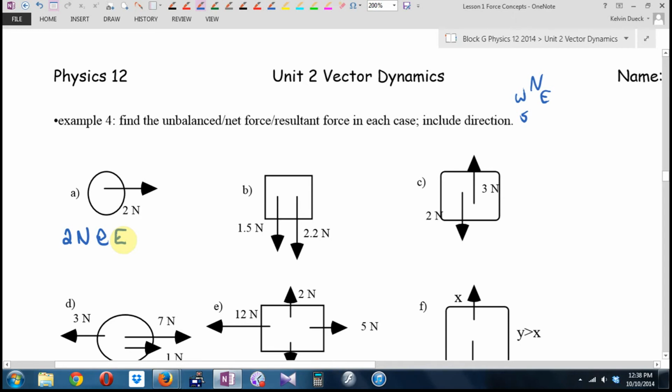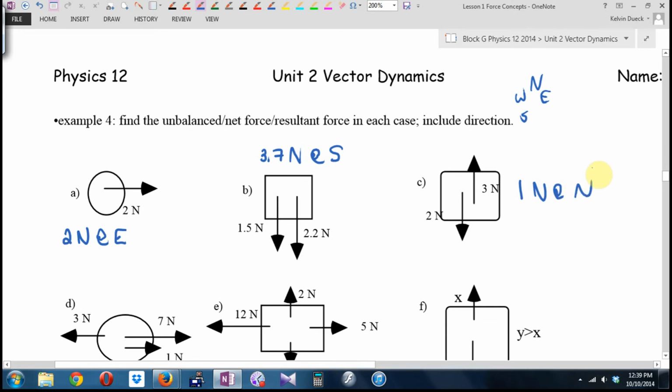What would the net force of part B be? 3.7 newtons south. What would the net force on object C be? 1 Newton north.